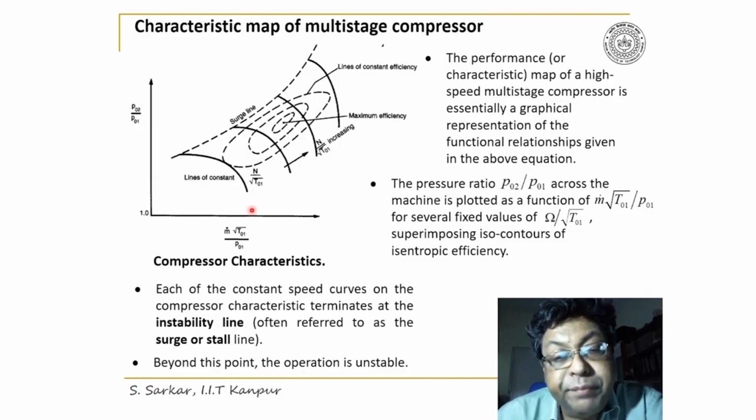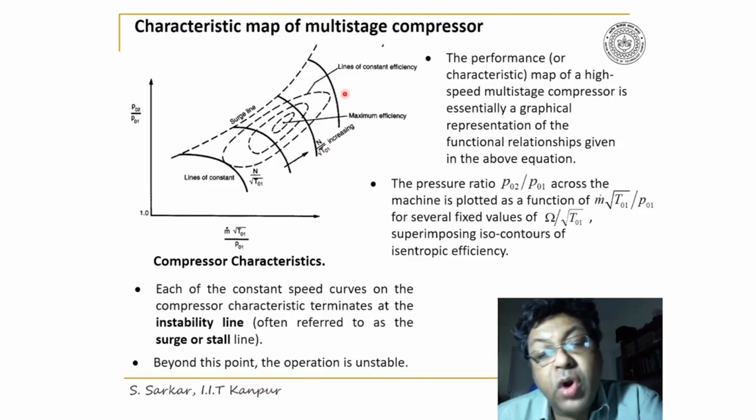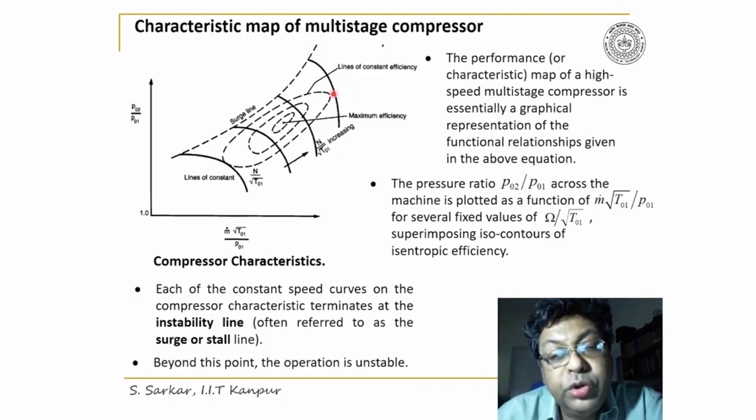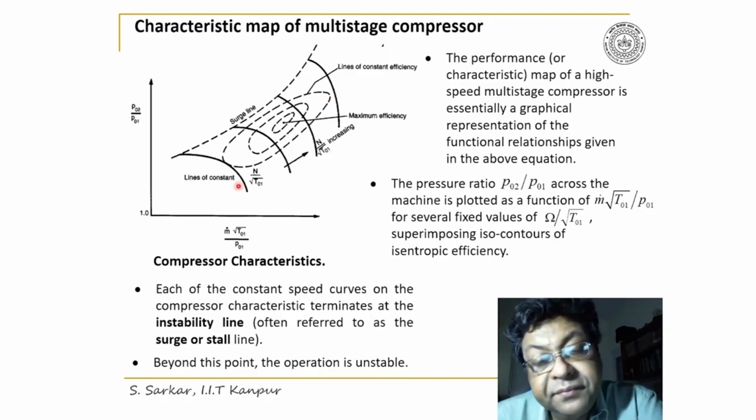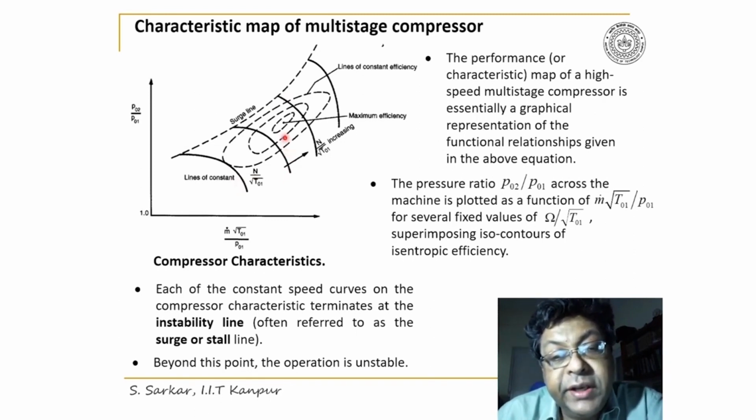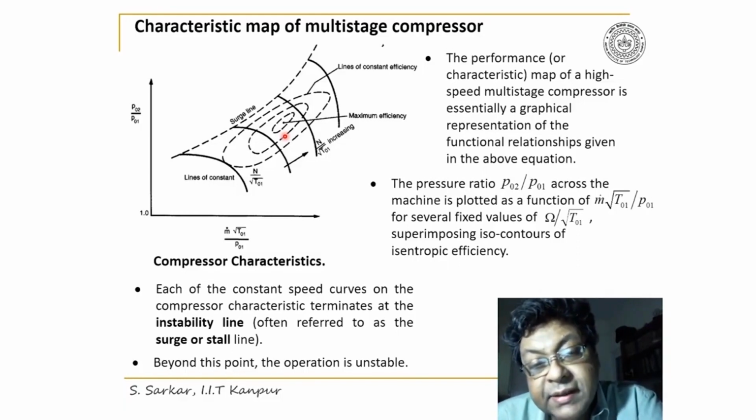So this is the performance for different speeds. Here, the isocontours of efficiency lines have also been superimposed. Look, this point represents the maximum efficiency, that is, for this combination of pressure and mass flow rate the machine has been designed.